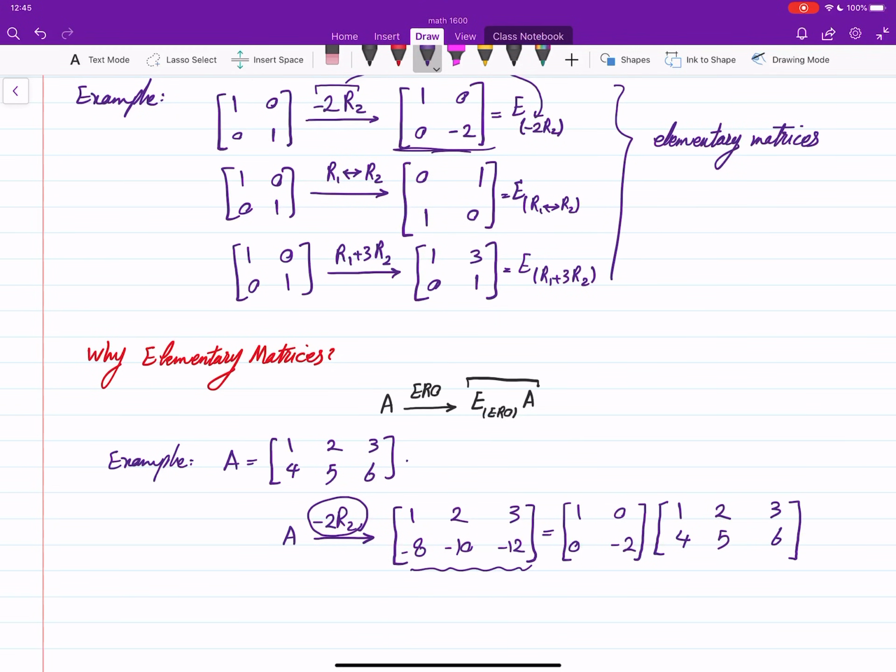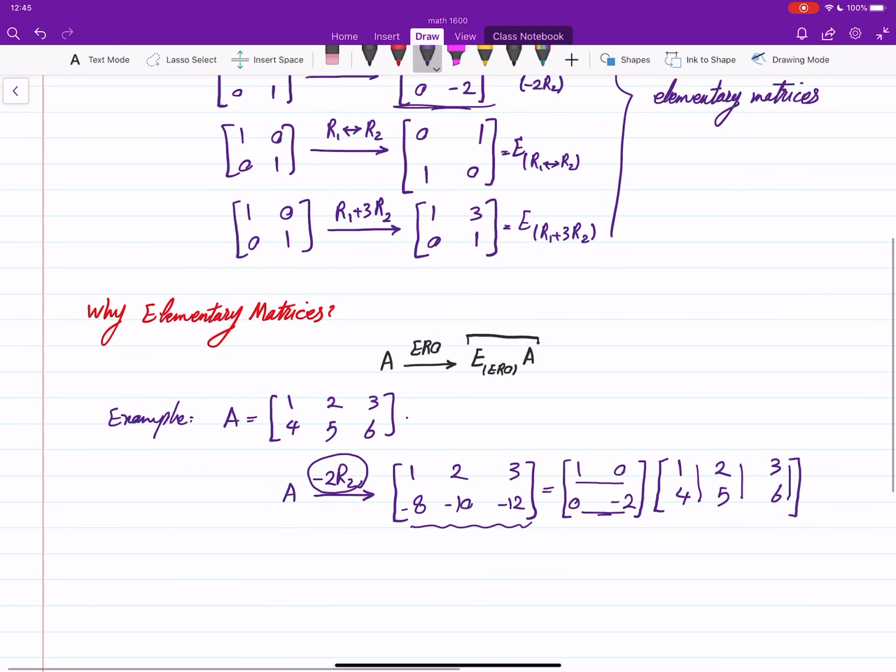As you can see, when you multiply the first row to the columns, they don't change the first column. It's just 1 multiplied by the entries of the first column. But when you multiply the second row to the columns, each one of the entries of the second row will be multiplied by -2.